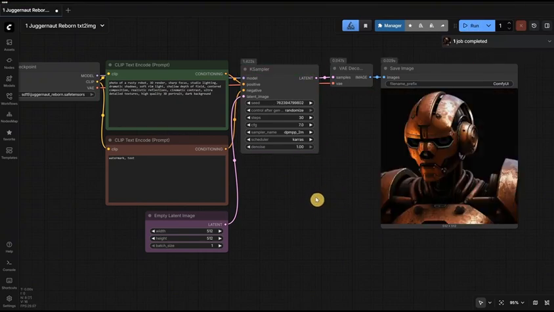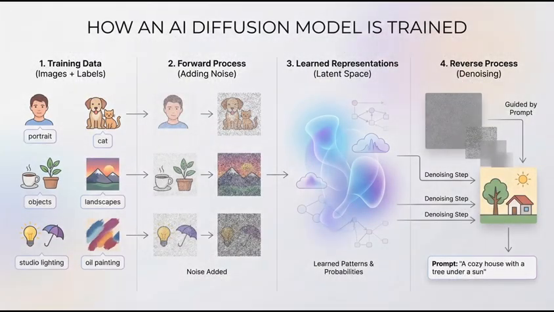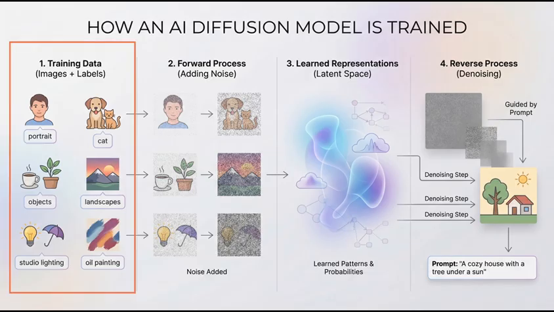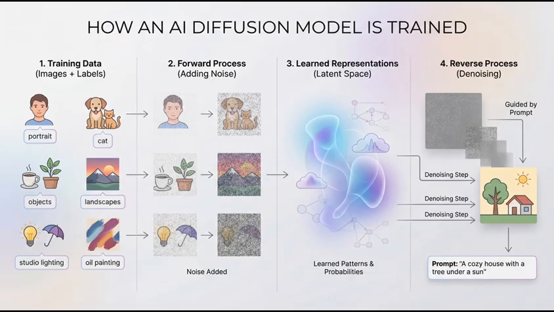There are still more useful things to learn. This slide explains how a diffusion model is trained. This is not image generation yet. During training, the model is shown millions of images paired with text descriptions. For example, images of cats, people, objects, lighting styles, and environments. The training process uses something called forward diffusion.